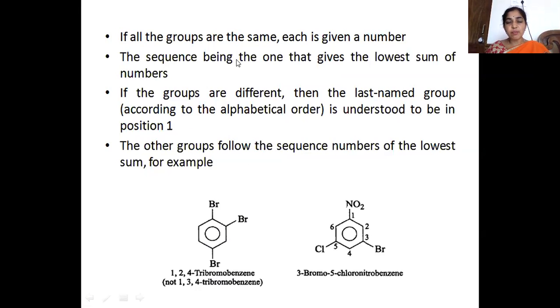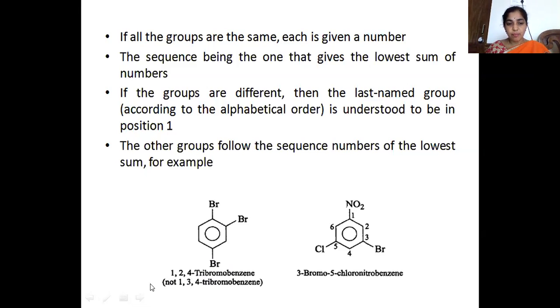The sequence is the one that gives the lowest sum of numbers. There are two possibilities shown here. This is actually 1,2,4-tribromobenzene. You may ask why not 1,3,4.